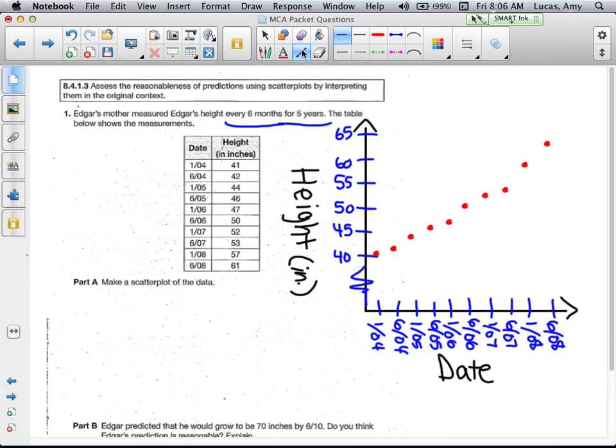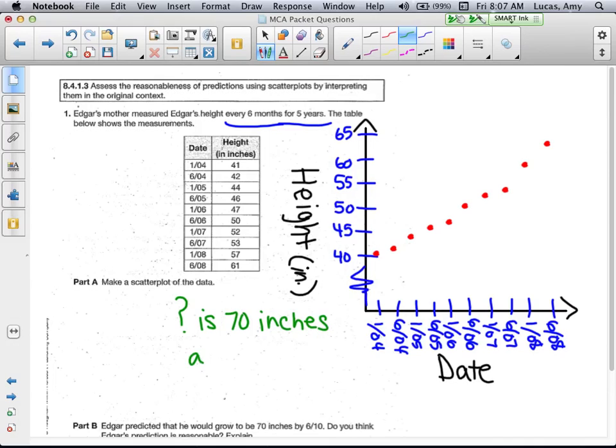And explain. So I guess that if you think about this, his height obviously is increasing, but the question is, is 70 inches a reasonable height? That's what you need to think about. How many feet tall is 70 inches?